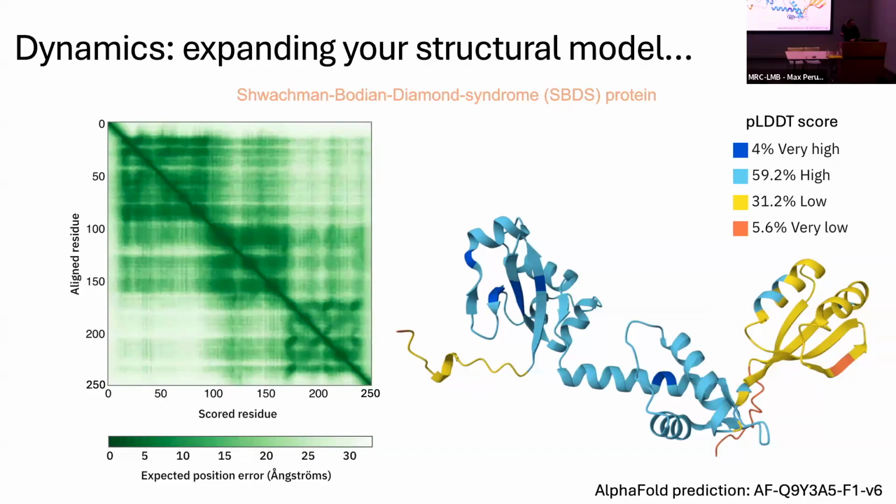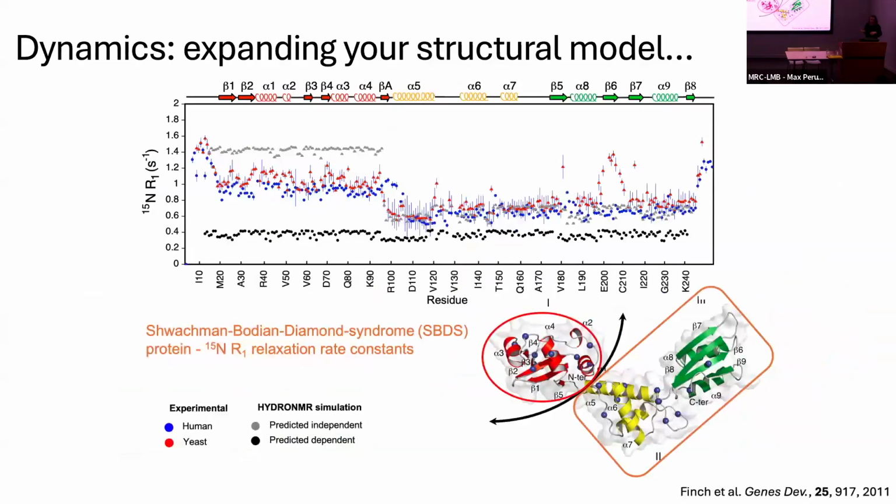But when we look at our NMR data, it actually paints a different story. We can predict what the T1 data would be based on the shape of the molecule, and that's what we're seeing in these black and grey lines. If we predict it's rigid across the backbone, then we would have T1 data along here. And if there was quasi-independence, then the T1 data would be up here.